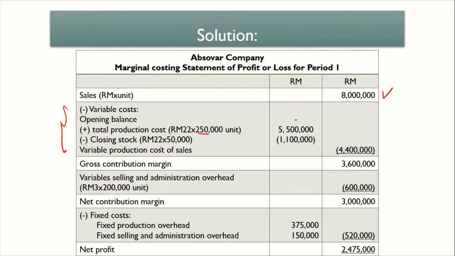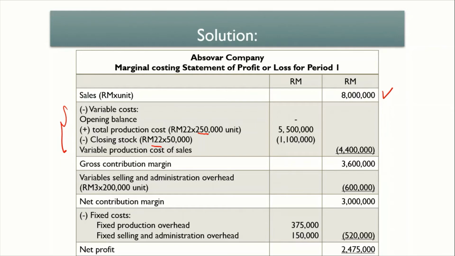For the closing stock, still 50,000 units, which is the balance from the units that are not sold, they multiply with the variable cost per unit only. So you've gained this, you deduct the closing stock, and the amount is 4,400,000, and the gross contribution is 3,600,000.